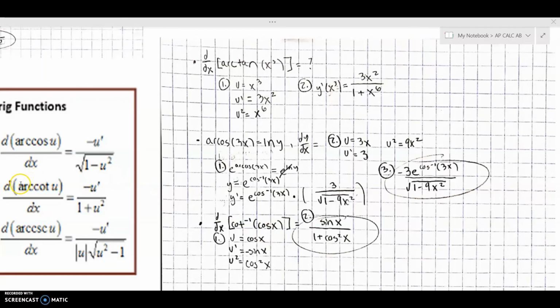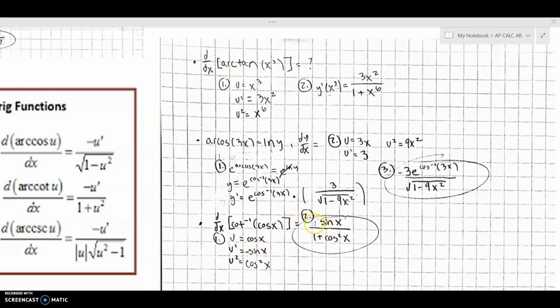So we look back at this equation right here, and all we have to do is plug in. Let's start with up top. We have negative u prime. Well, u prime is negative sine, so the negative of negative sine is just the positive of sine, so we have sine x up top.